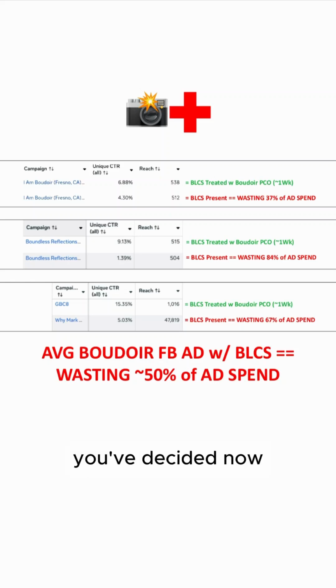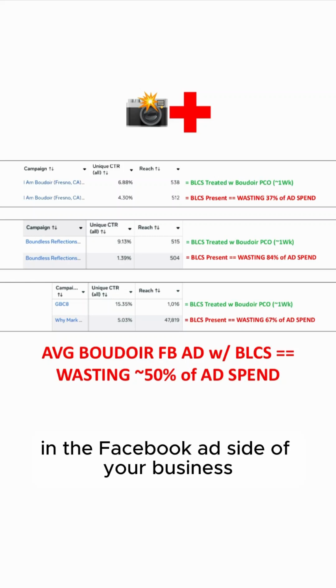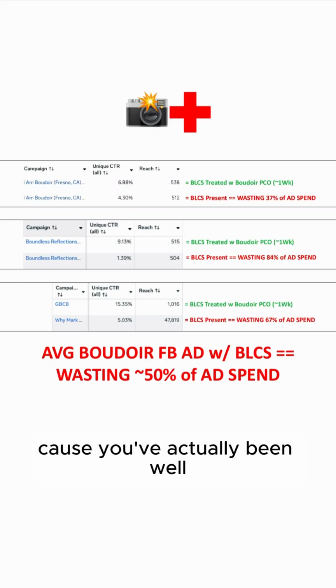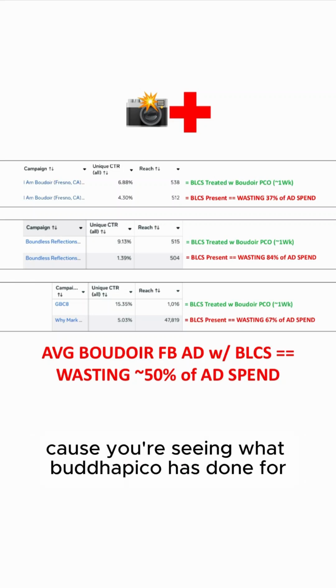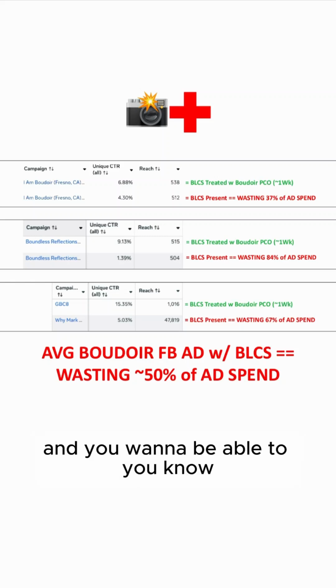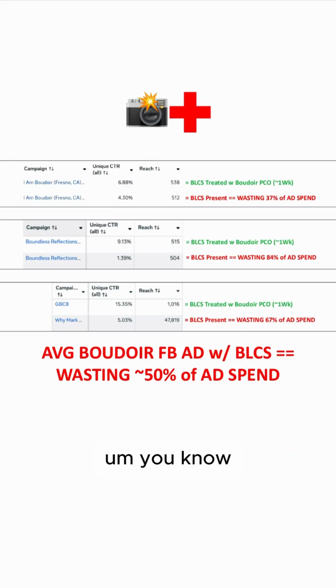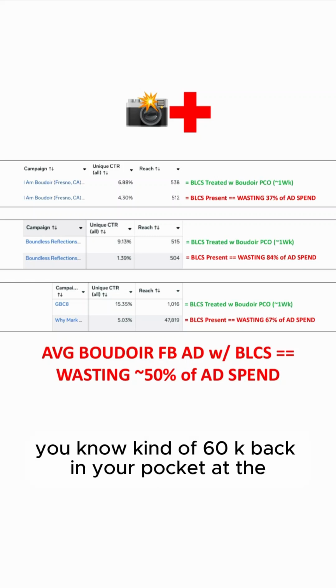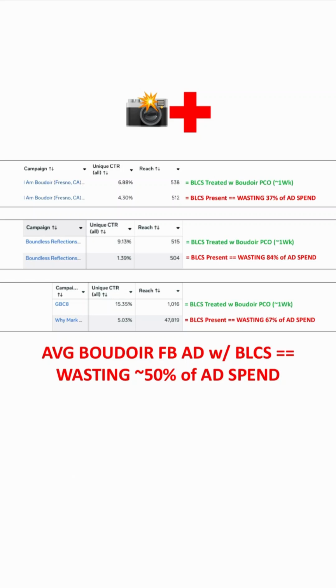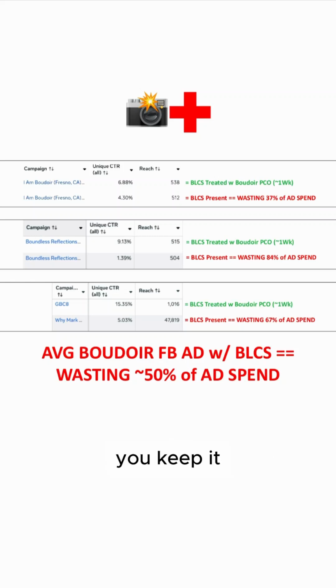You've decided now you need to do that same optimization on the Facebook ad side of your business, because you're seeing what Boudoir Pico has done for other people's Boudoir Facebook ads, and you want to get back in your pocket approximately 5K every single month, or kind of 60K back in your pocket at the end of the year. With that wasted ad spend being 100% eliminated, you don't have to spend it, you keep it.